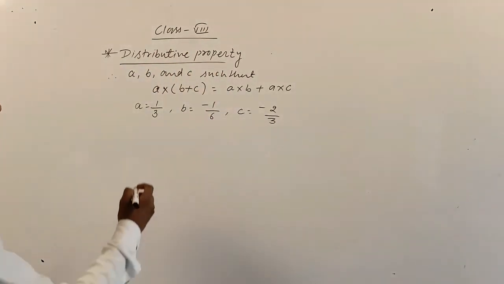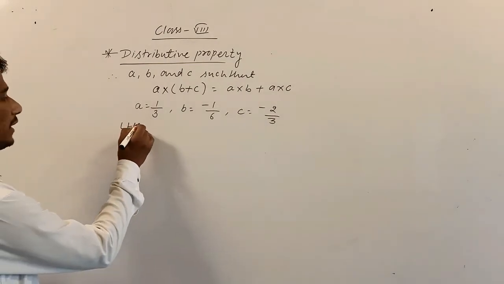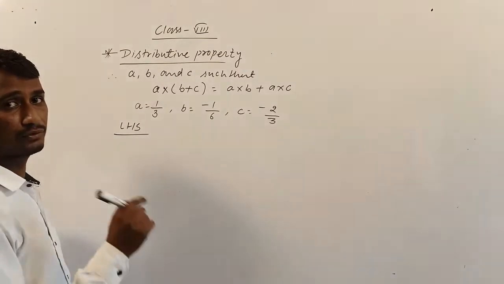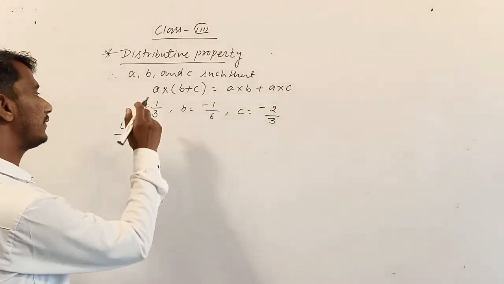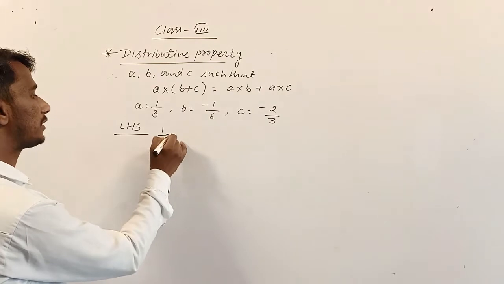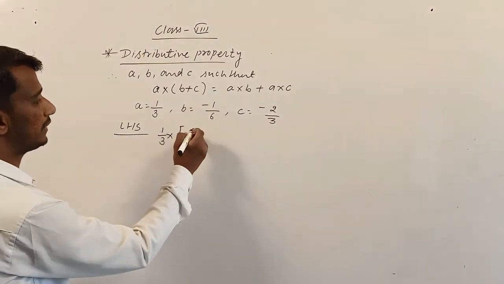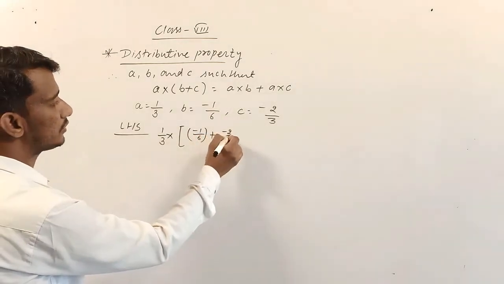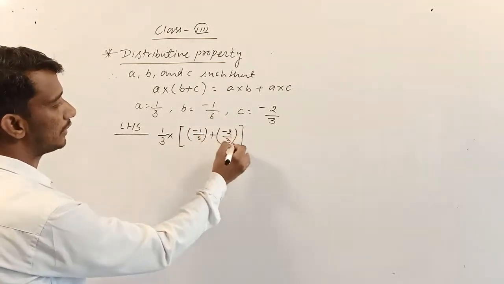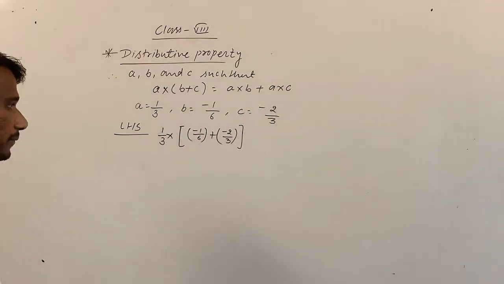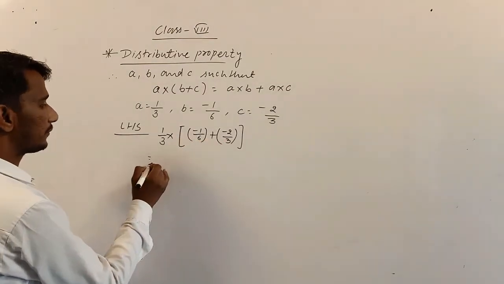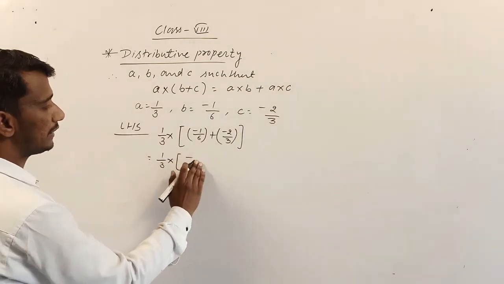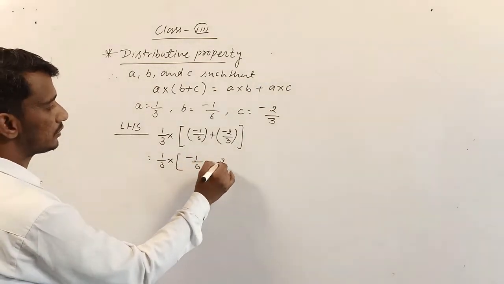So in the LHS part, we put the values. A value is 1 upon 3, multiply sign, bracket, B value is minus 1 upon 6, plus minus 2 upon 3, close bracket. According to the BODMAS rule, we solve the bracket first. Open the bracket: minus 1 upon 6, minus 2 upon 3.